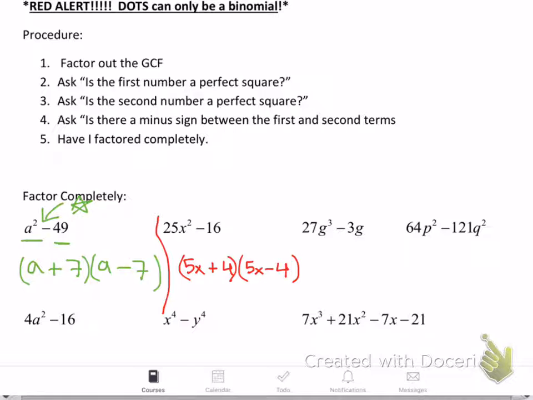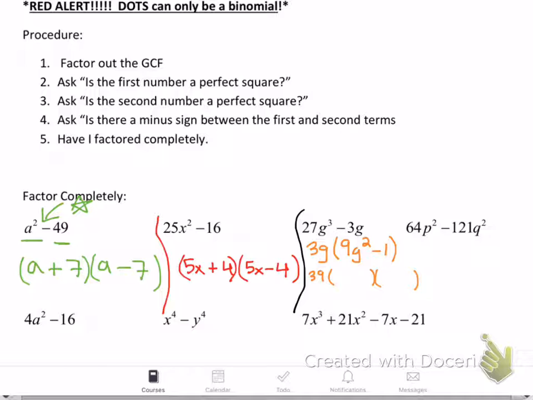Now this next one, I have 27g cubed minus 3g. This one has a GCF. What is this GCF? It turns out that it is 3g. So if I take out a 3g, I have 9g squared minus 1. I'll leave the 3g here for my next step, but I'll have two binomials.